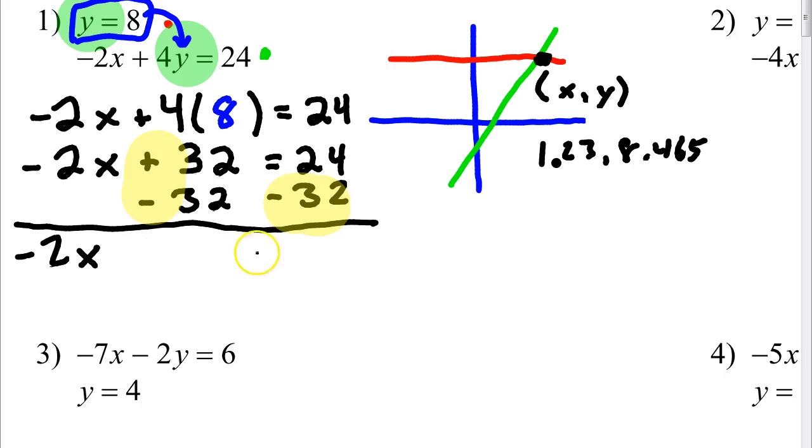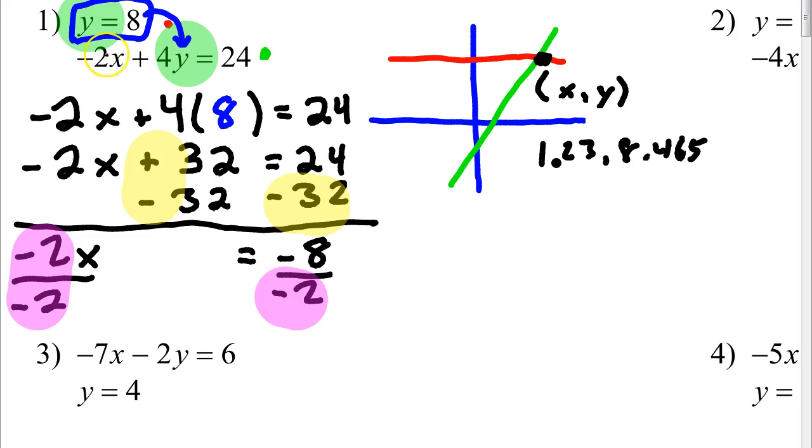Negative 2x equals negative 8. Second, divide by whatever the coefficient of x is. That's the number in front. So this is negative 2, and we divide by negative 2. So the first step, the signs are opposite, one's positive and one's negative. Second step, they're the same.